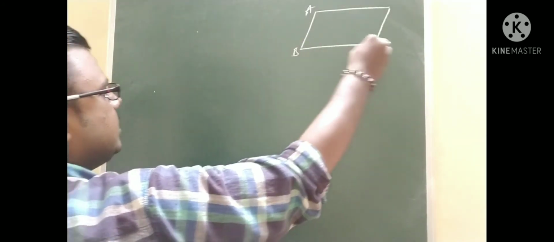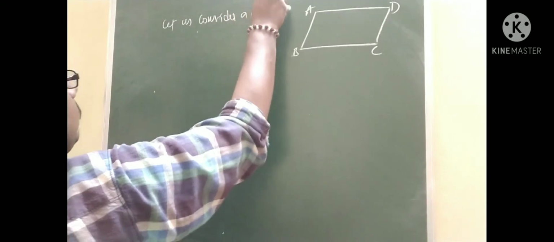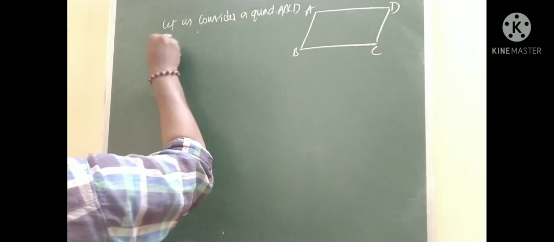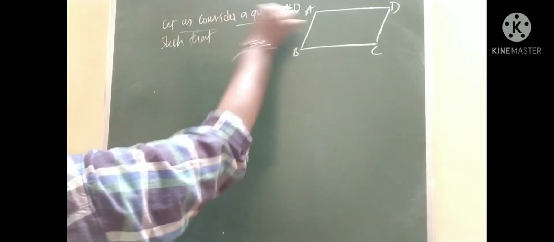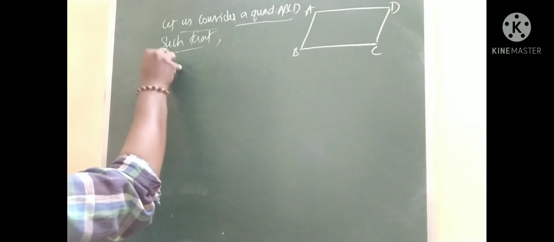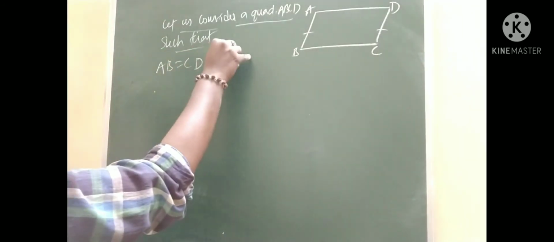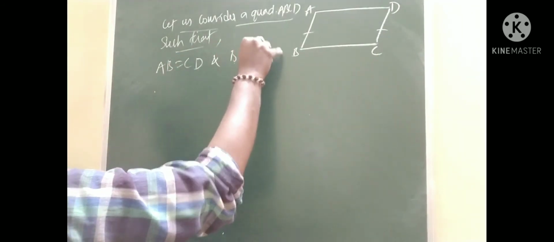Okay, and here let me label it A, B, C, D. So here, as per the statement, if each pair of opposite sides of a quadrilateral is equal, let us consider a quadrilateral ABCD such that we consider the opposite sides equal. That means AB is equal to CD and BC is equal to AD or DA.